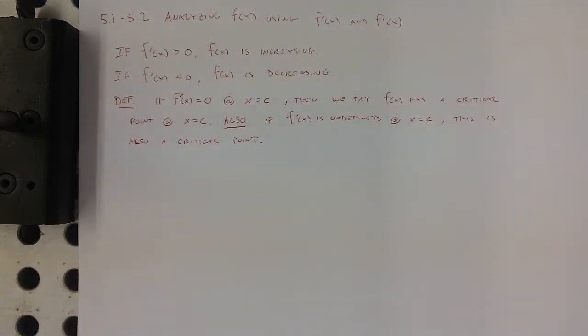You can have a place where the slope is 0, or you can have a place where the slope is undefined. Now, that doesn't mean somewhere like a jump or a vertical asymptote. We're talking about somewhere where the derivative does exist. Where the original function does exist. So it doesn't really make sense to ask what's the slope of a function at a place where it's got a vertical asymptote, because the function isn't even defined there, right? So just be careful about that.